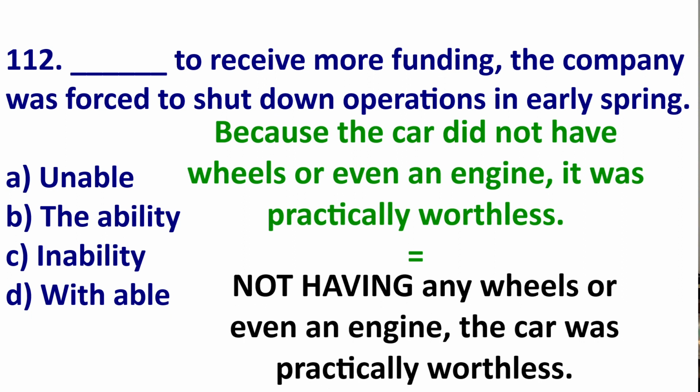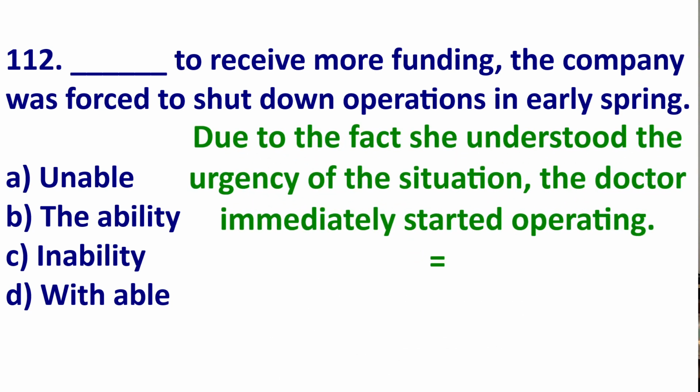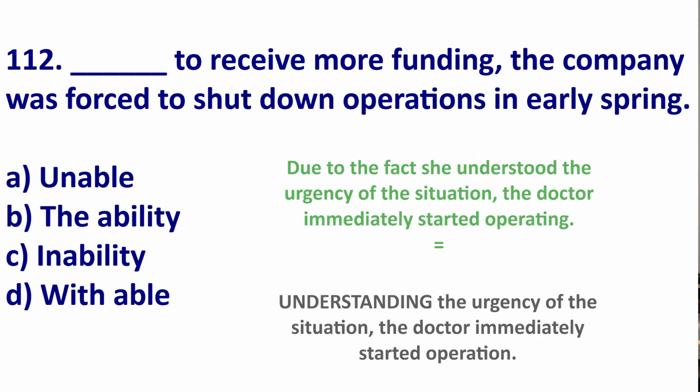So we take out the car did and we just say not having. Let's look at number 2. Well, take out due to the fact, take out she, because the subject is the same, she is the doctor, and turn understood into understanding. Understanding the urgency of the situation, the doctor immediately started operating.